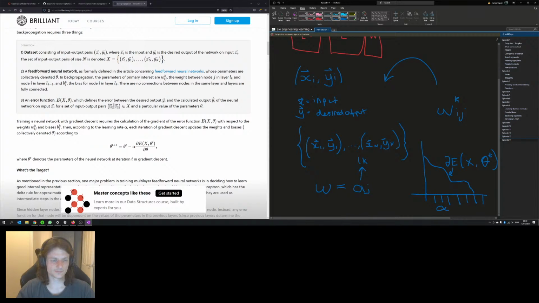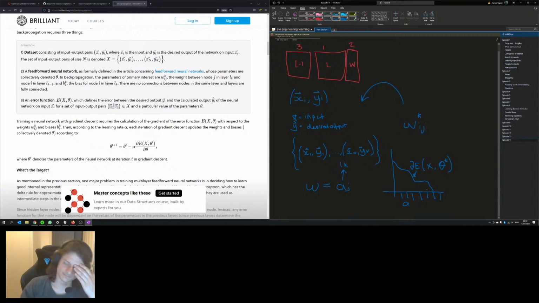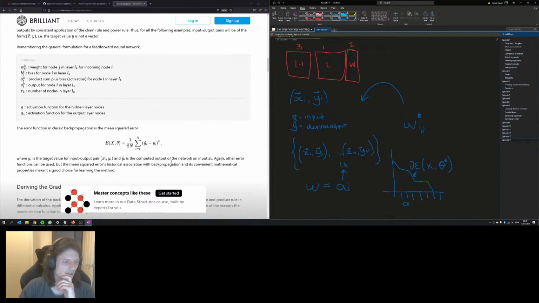I guess it's alpha, right? And then that is over theta. So I wonder what that graph looks like. Okay, let's continue.